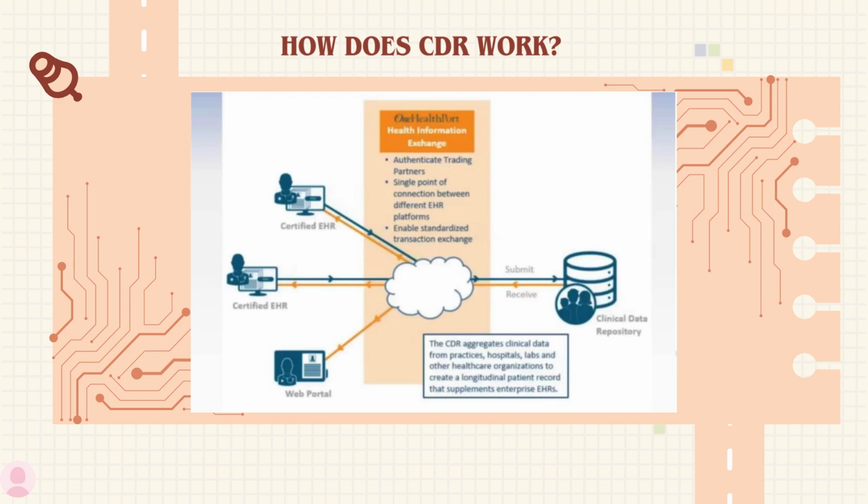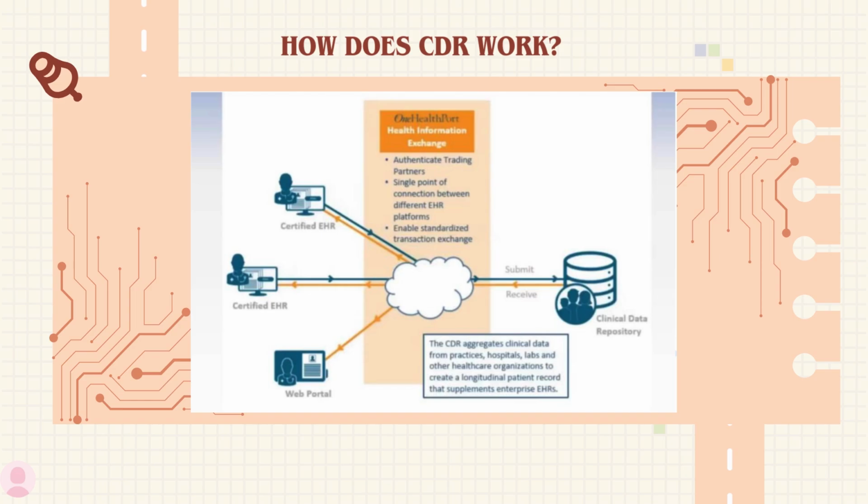Now, as you can see here in the graph, information is sent from different certified EHRs and sometimes a web portal. So these authenticate trading partners, the single point of connection between different EHR platforms, and it is an enabler of standardized transaction exchange. So from the certified EHRs, they submit information to the clinical data repository.